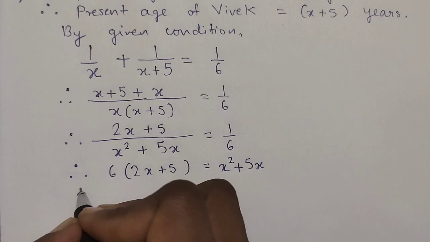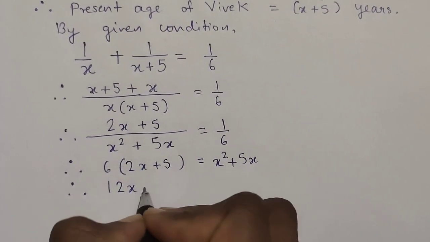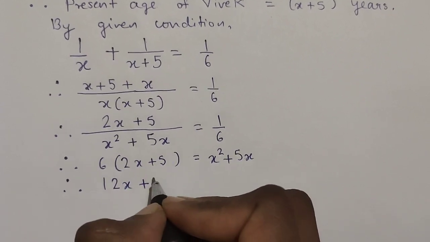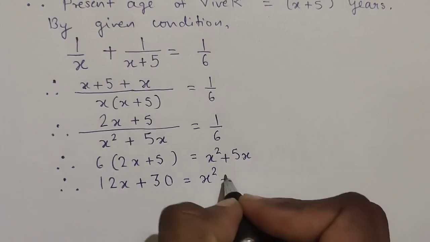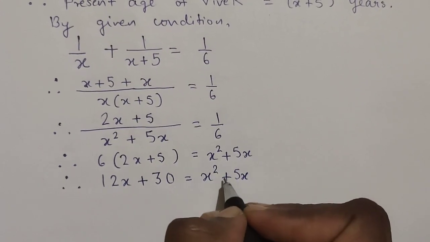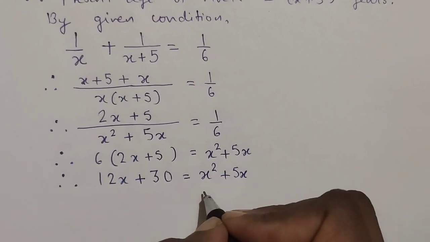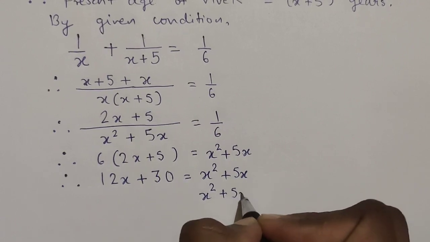Okay, let us simplify this. 6 into 2 gives you 12X, plus 6 into 5 gives you 30, is equal to X square plus 5X. Now since we want to make this positive, keep X square as it is and 5X as it is.